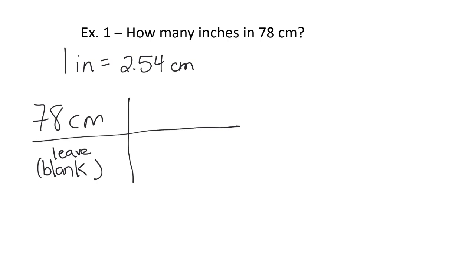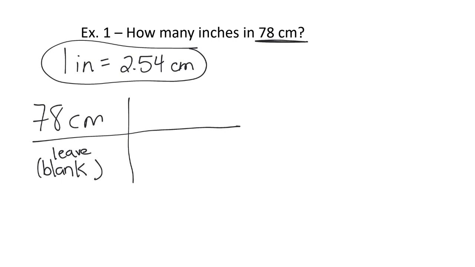So this space is only if we have a rate, and we'll go over one of those in these notes so you can see one where you're going to use both of them. But right now we're leaving it blank because there is only one thing we're converting, 78 centimeters. That's it. Nothing else. Now, here's our conversion factor. We have to put one thing on top and one thing on bottom.